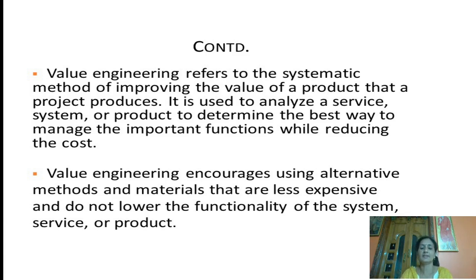Value engineering encourages using alternative methods, not only materials but also methods, that are less expensive and do not lower the functionality of the system, service, or product. In no way should it affect the product or the services provided. And without affecting all this, if any alternative methods or materials are used, that will be termed as value engineering.